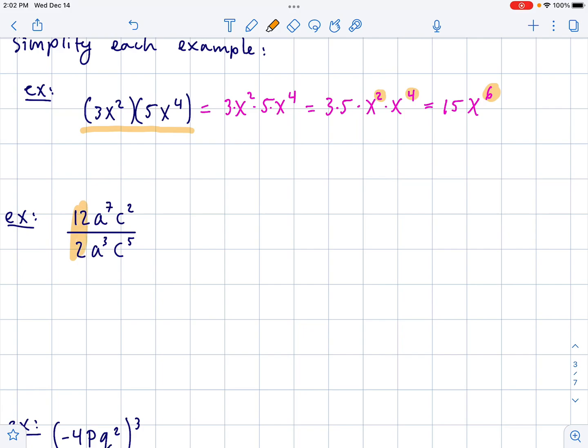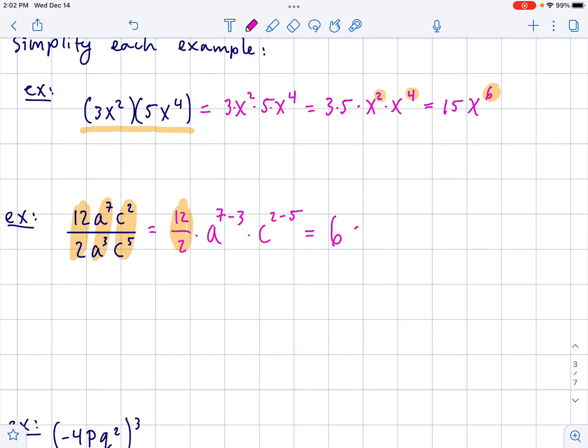Now for the next example, there's a few different things going on. It's really like 3 separate problems. It's like 12 divided by 2, a to the 7th divided by a cubed, and c squared divided by c to the 5th. So you can think of it like this. 12 over 2 times a to the 7 minus 3, because when you're dividing two things with the same base, you subtract their exponents, and then this will be c to the 2 take away 5.